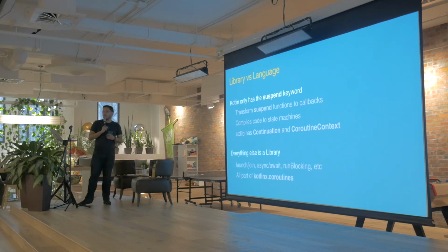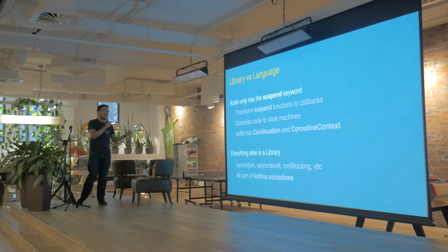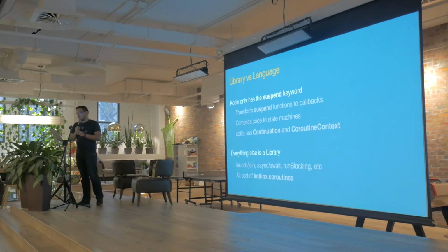Everything else is a library: launch, join, async, await, run blocking, or anything like that. Those are part of kotlinx.coroutines, which is a library given to you by JetBrains. Like I said, the reason they do that is that they want to put all the power, and everything you can or cannot do with coroutines, in your hands.